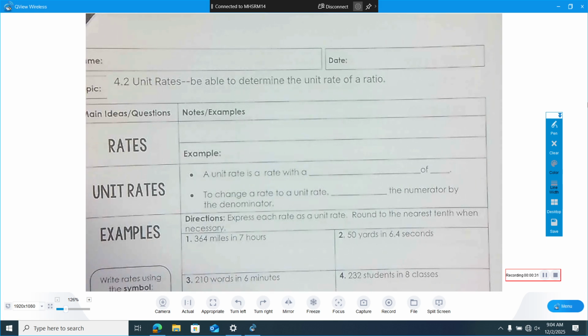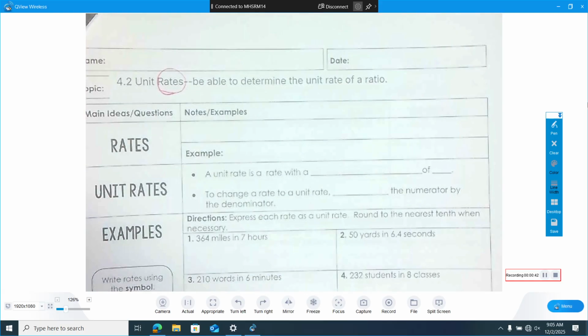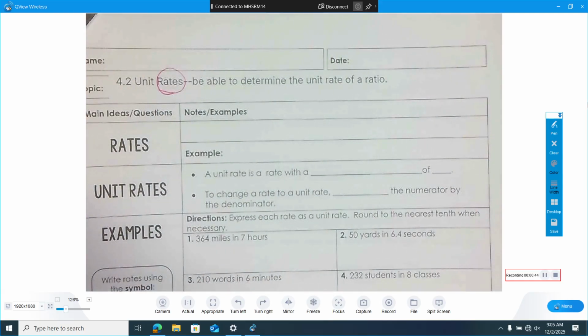Today we are talking about unit rates. And a unit rate, first of all, is a rate. And when we think about rates, we're typically, most of the time, thinking about how fast something is going, okay?